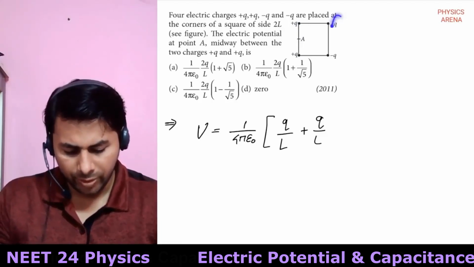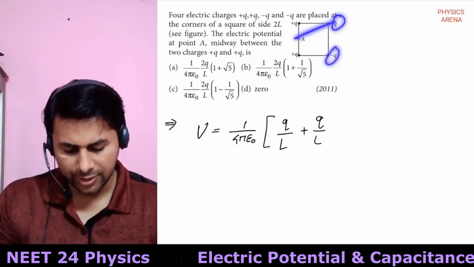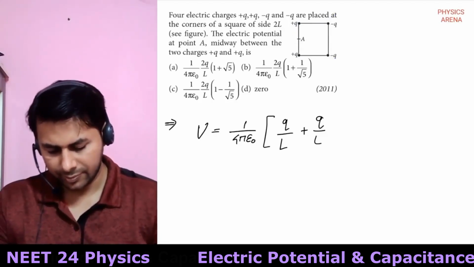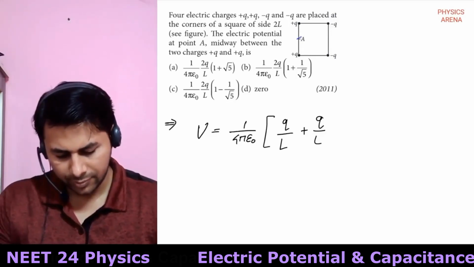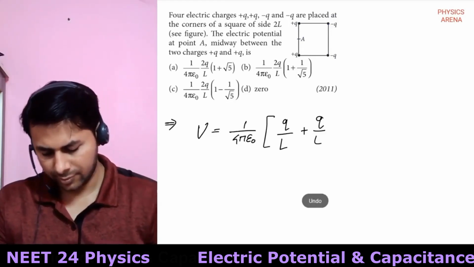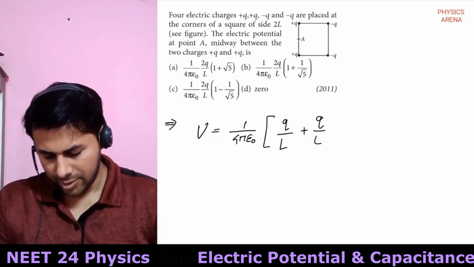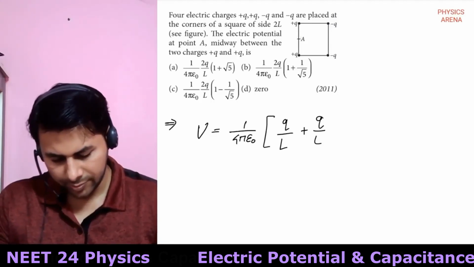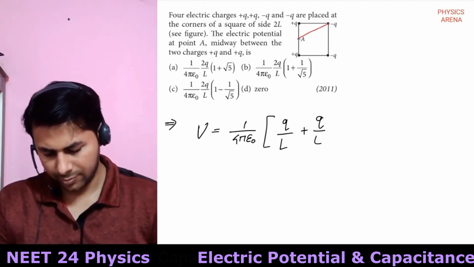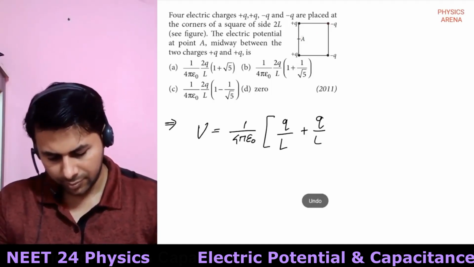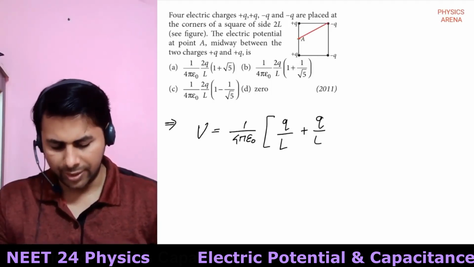Okay. What about this minus q and minus q? Their distance is not the same. So this is the distance, right? How can you find it out?